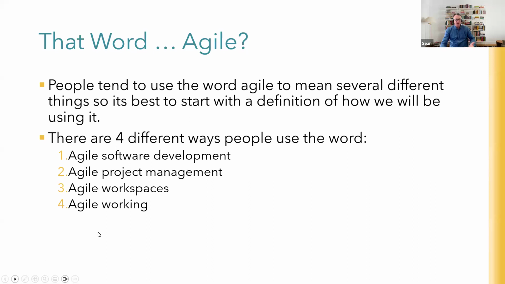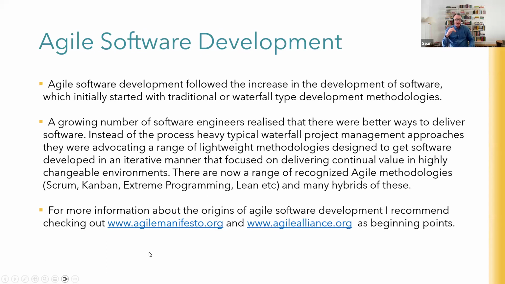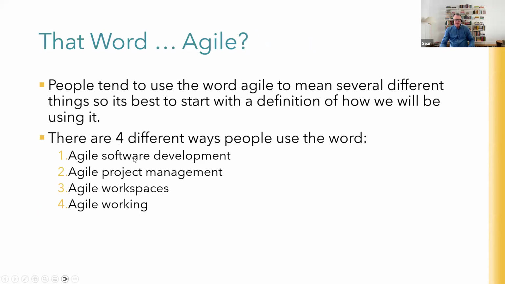The first one is Agile software development. If we go back a slide, we're not going to cover Agile workspaces and Agile working. Organizations have Agile workspaces: hot desking, no assigned desks, lockers, and you could choose. And then Agile working, which we see a lot of with hybrid, remote and virtual ways of working.